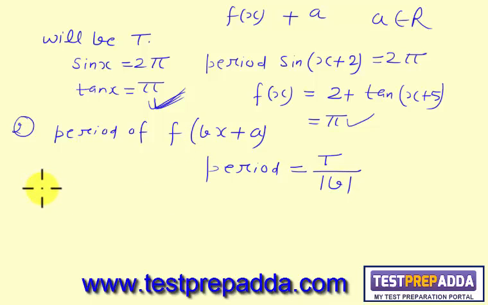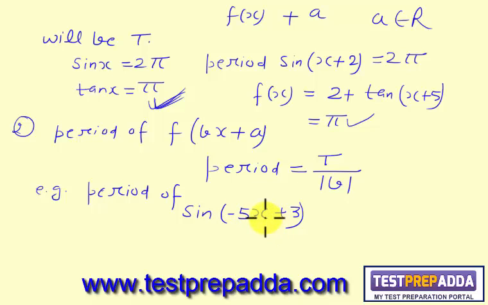For example, if I ask you the period of sin(−5x + 3), what will be your answer? Period of sin x, that is 2π, upon modulus of this minus 5, that is 5. So the period of sin(−5x + 3) is 2π/5.